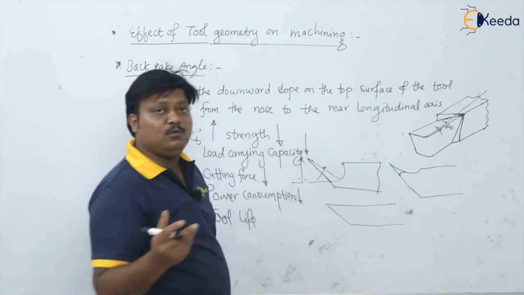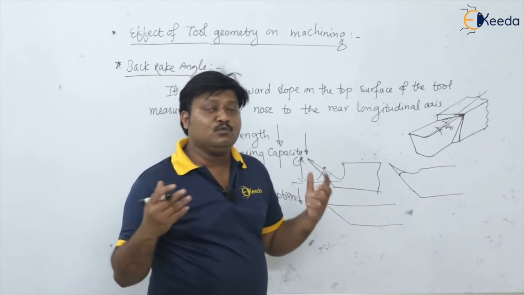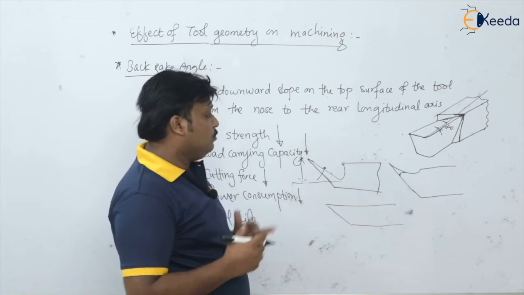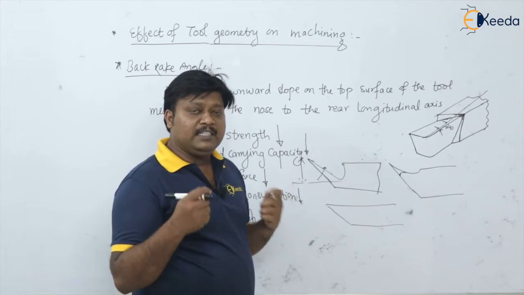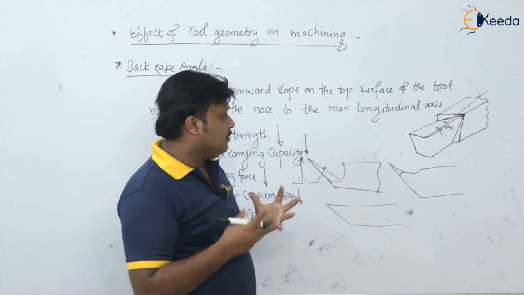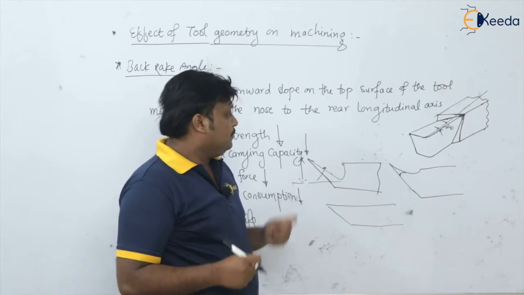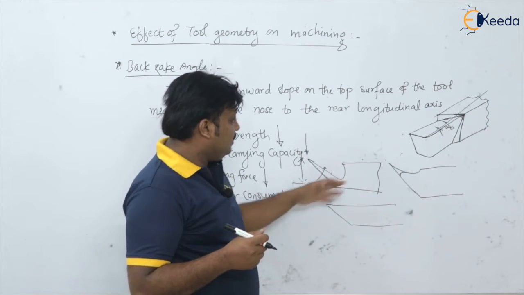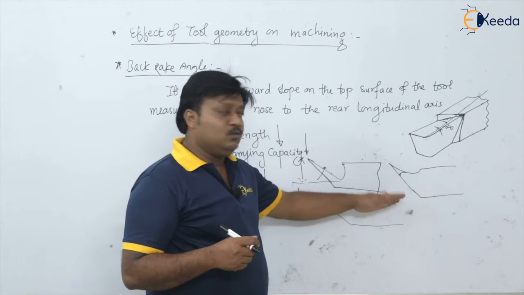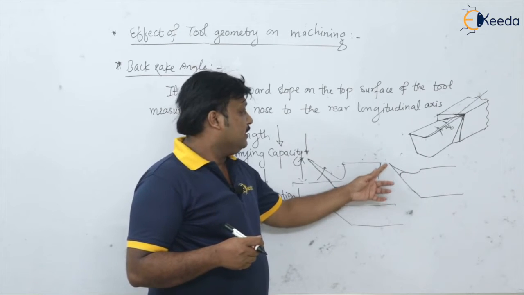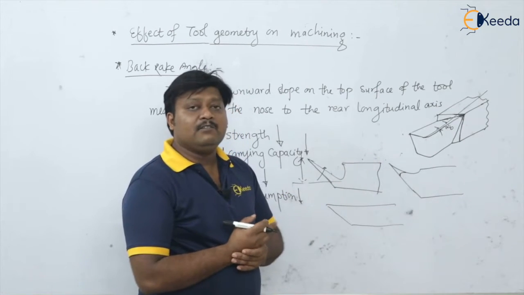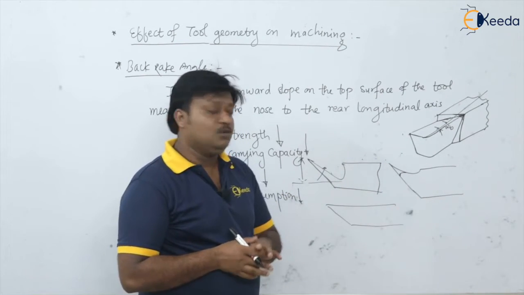We have already defined tool life as nothing but the time between two successive regrinds. During the machining process, when the tool becomes blunt, it is not performing the cutting operation well. So what we do is unload the tool and take it to the grinding table, where we can again give the required angles, the required geometry, on the tool, isn't it?